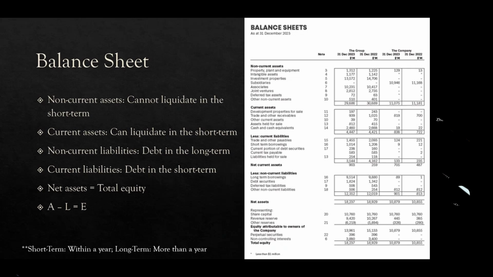Okay, so the net assets is also equivalent to the total equity within the company. And just remember this very important and simple equation, which is assets minus liabilities equals equity. A minus L equals E. So you just remember ale, the ginger ale, ALE. A minus L equals E. Okay, so this is a very important and simple equation for us to remember.